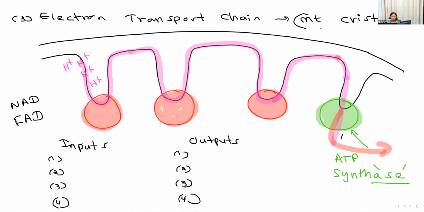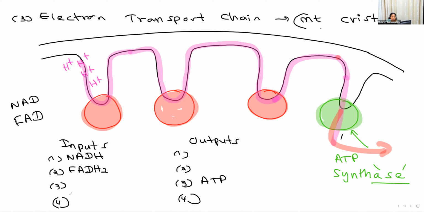So the 2 main inputs are the coenzymes, right? NADH and FADH2. So we went through this electron transport chain, so we can remove the energy from the coenzymes to create ATP, right? ATP is an output. So this is the first case, you're having ATP and NADH, FADH2 on 2 different sides.